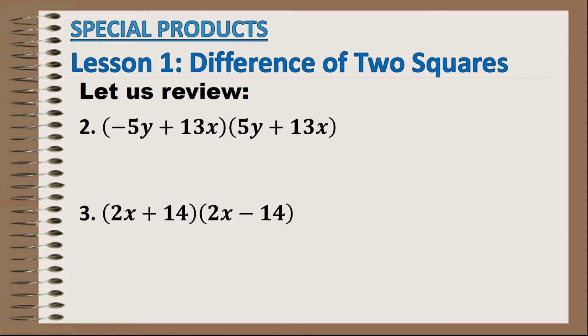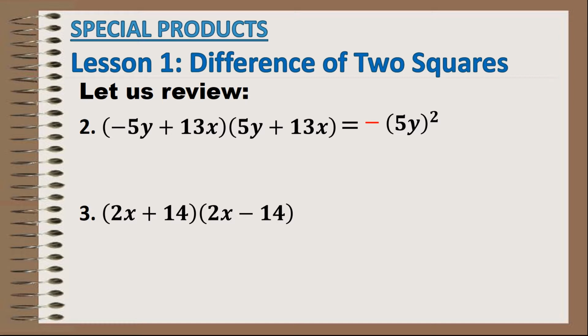For our example number 2, we have the quantity of negative 5y plus 13x times the quantity of 5y plus 13x. Using the rule, we square the first term. We have the quantity of 5y squared. Then, copy the negative sign. So, we have to put it before our first term because our opposite signs are found in the first term.